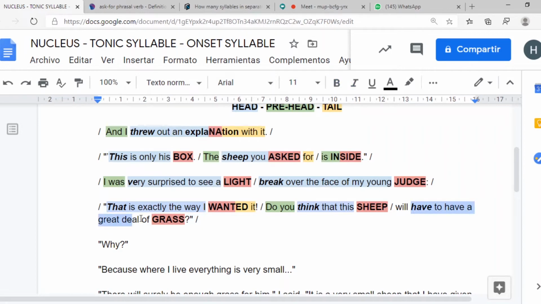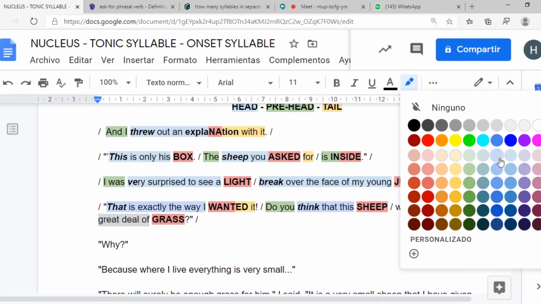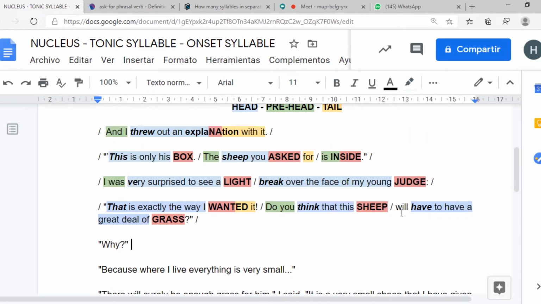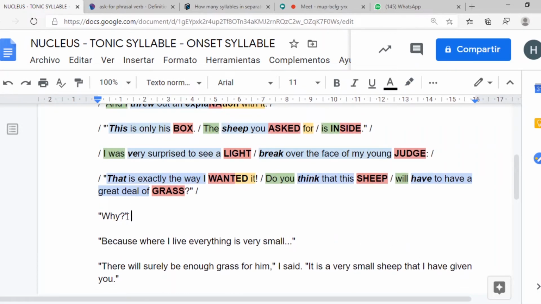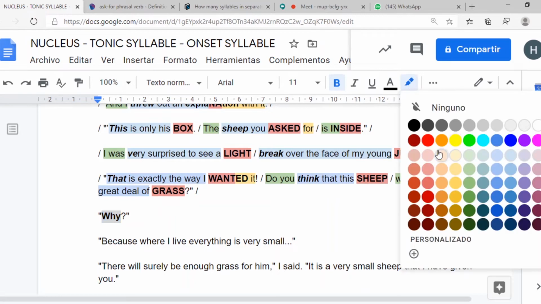So from here up to here, you have your head, and this one is not stressed at all, so this is your pre-head. This is just one single utterance, one single word, one single syllable, so all of it will be the tonic syllable on your whole unit, and that's all.